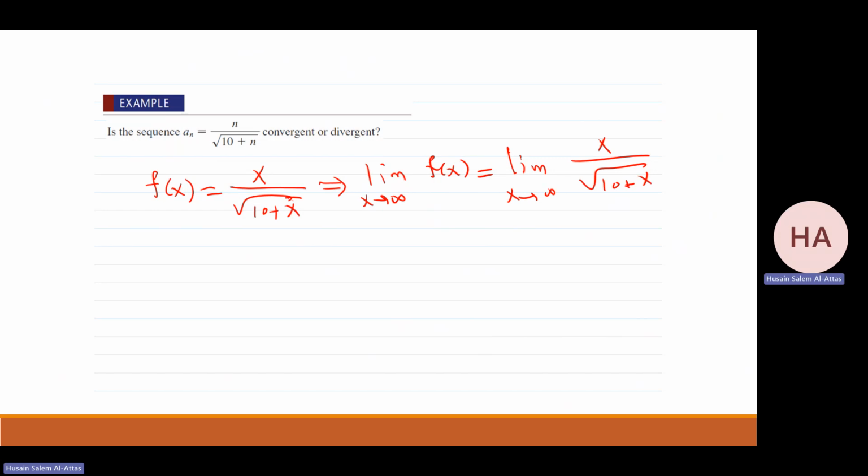Very clear. The degree of the numerator is more than the degree of the denominator. Or I can do this trick. I divide by x here and there. Or you know what, I can divide by this one. I divide by square root of x.